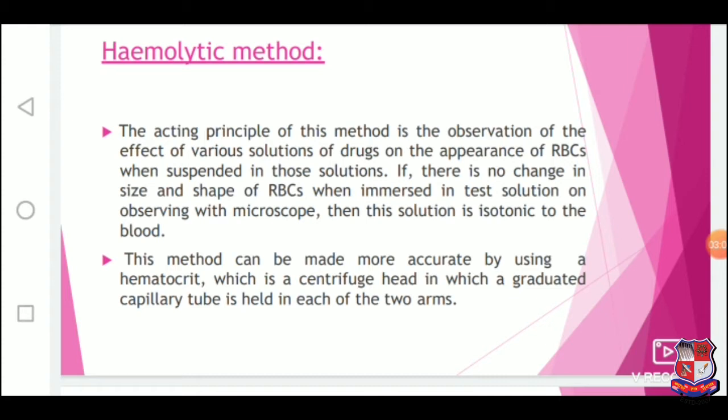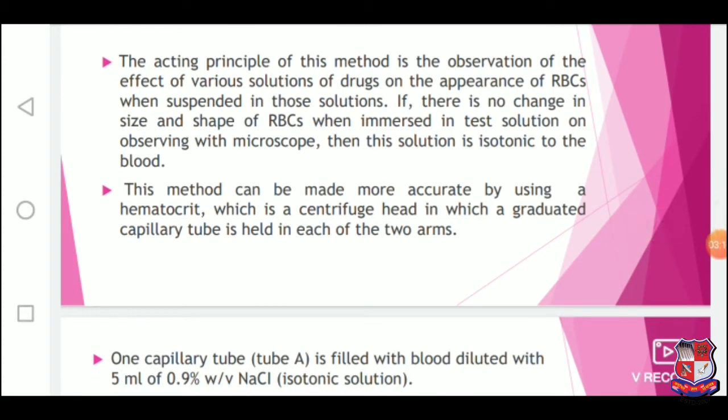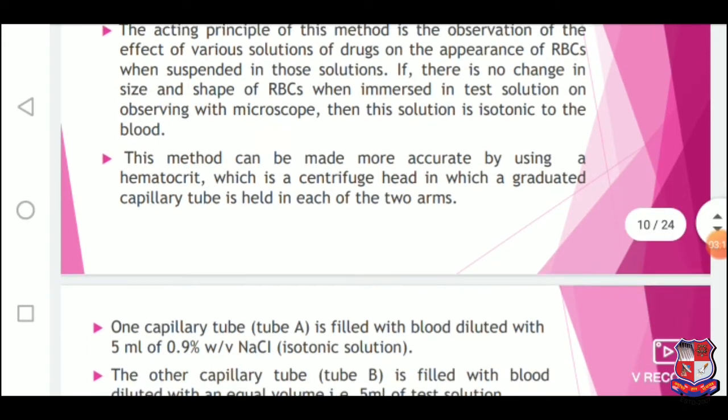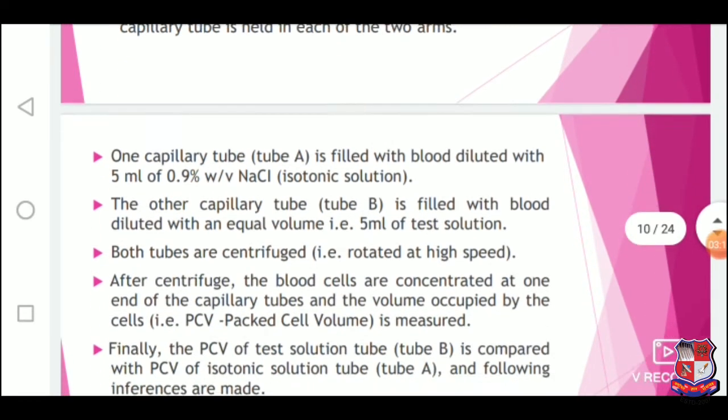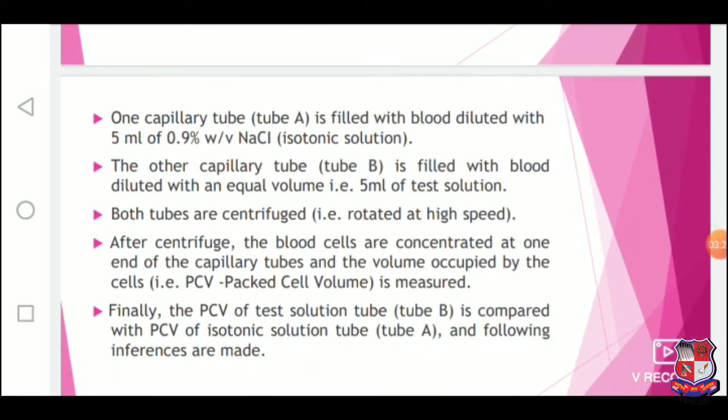This method can be made more accurate by using a hematocrit, which is a centrifuge head in which a graduated capillary is held in each of the two arms. One capillary tube is filled with blood diluted with 5 ml of 0.9% weight by volume solution of NaCl, which is isotonic in nature.